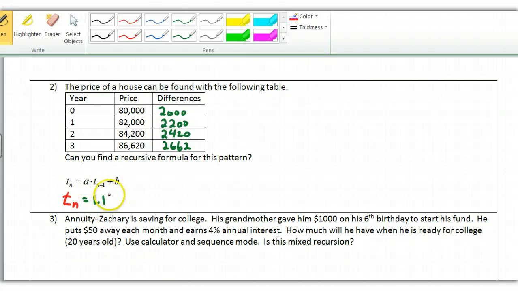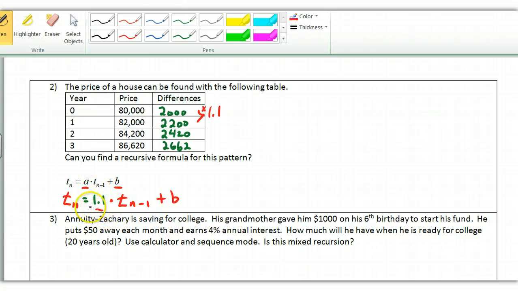T sub n is equal to 1.1 times T sub n minus 1 plus some value of B. What we're trying to do is find A and B. I'm guessing that 1.1, the ratio you have here, is going to be this A, just from limited experience, but I'm probably heading in the right direction.